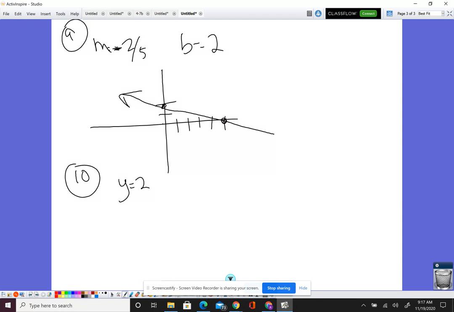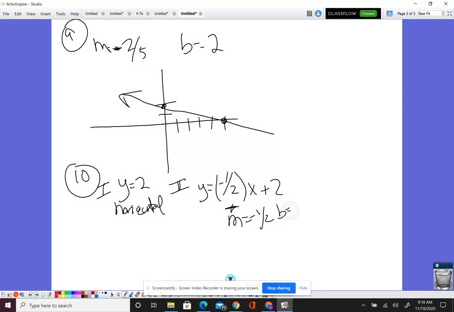What kind of line is that on 10? First one. When it only has a y equals, it's a horizontal line. This one, y equals negative 1/2 x plus 2, has a slope of negative 1/2, the y-intercept of 2.